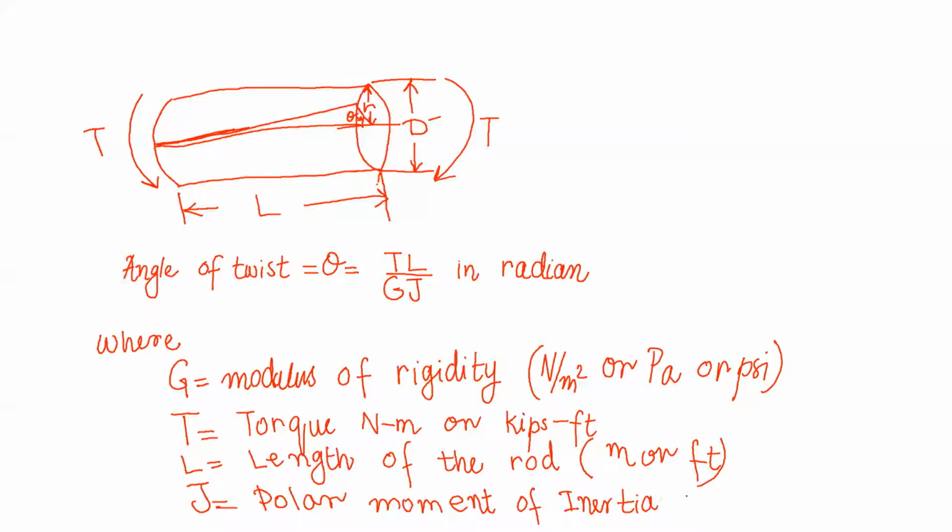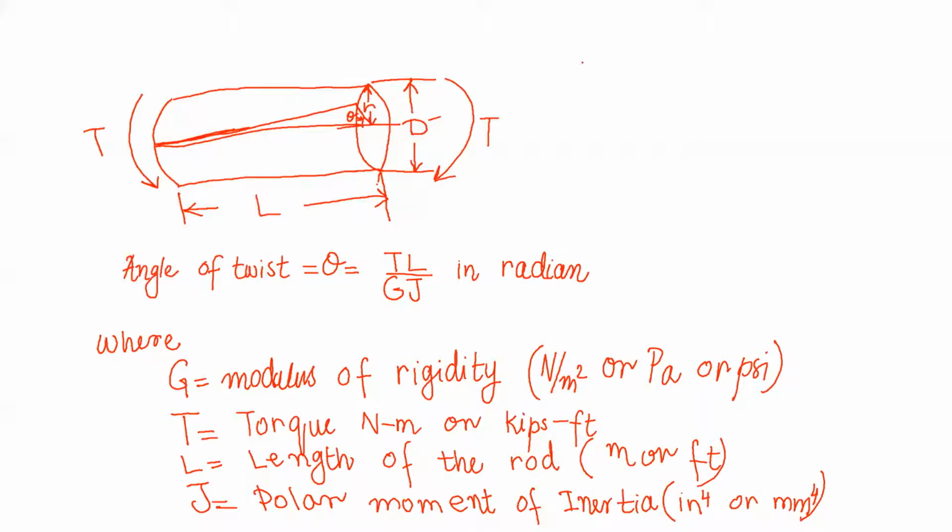I have already told you in my previous lectures that the unit of moment of inertia is inch raised to the power 4 or millimeter raised to the power 4. So what is the formula for J, the moment of inertia for a circular bar?